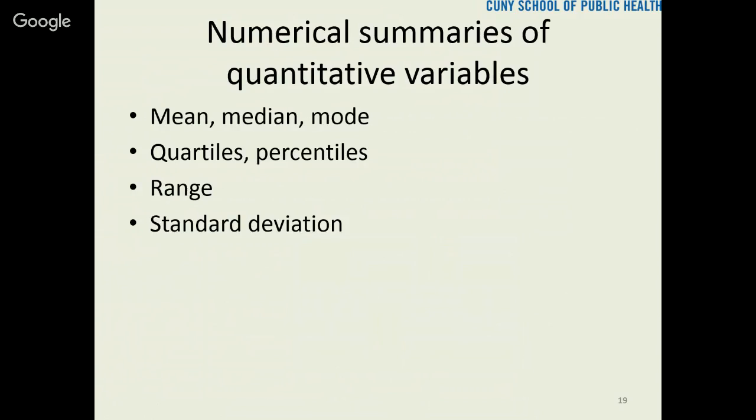Okay, on to numerical summaries. Here I'm talking about the central tendency measures, mean, median, mode, the measures of various different points in the distribution such as quartiles, quantiles, and percentiles, the range, extreme values and standard deviation, as well as some other measures of spread.